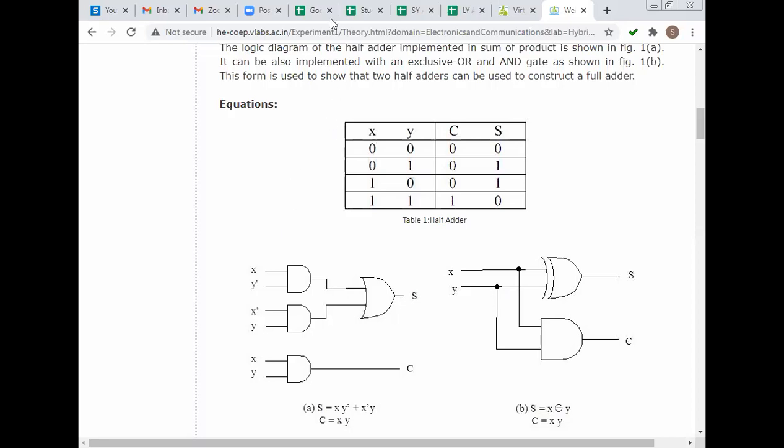Which is the input? X and Y, this is the input, and C and S, this is the output. So two inputs and two outputs are present in a half adder.